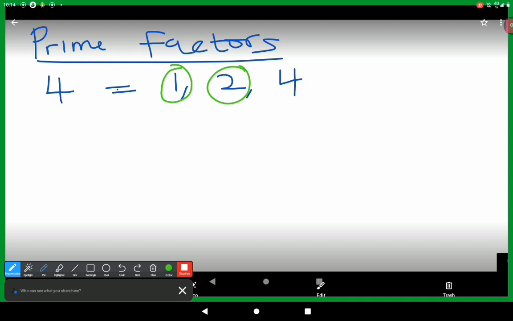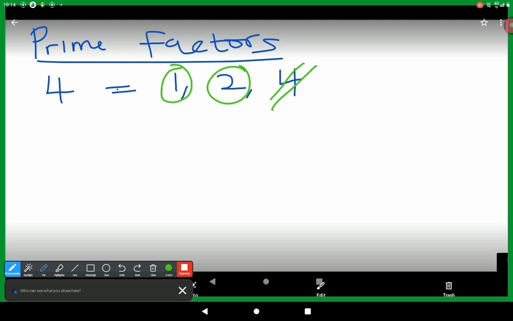So prime factors of 4 are 1 and 2, not 4. 4 is not a prime number, so 4 cannot be a prime factor of 4. But don't get it wrong, 4 is a factor, but not a prime factor of 4. I repeat, 4 is a factor of 4, but not a prime factor of 4, because 4 is not a prime number.